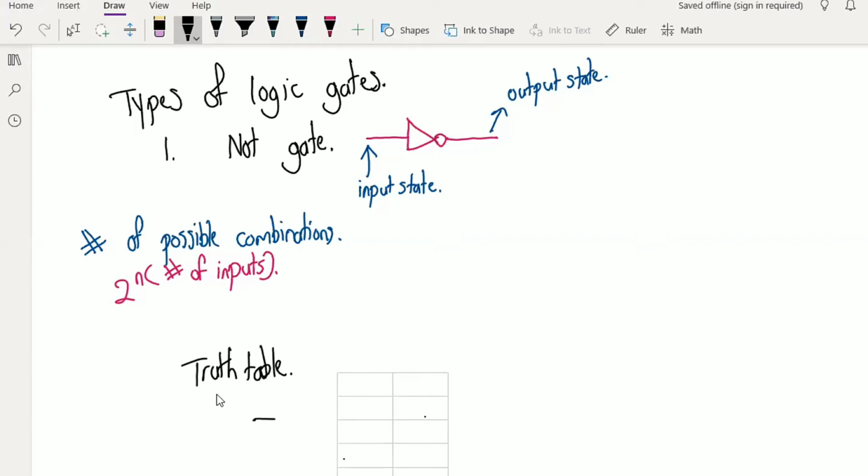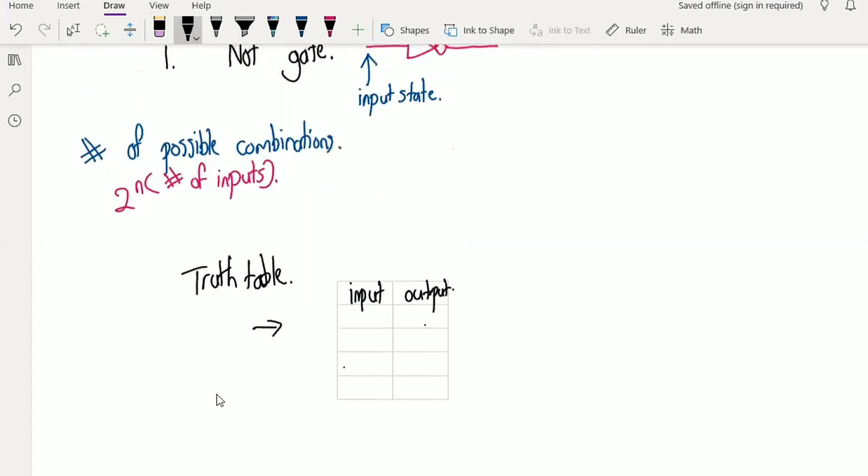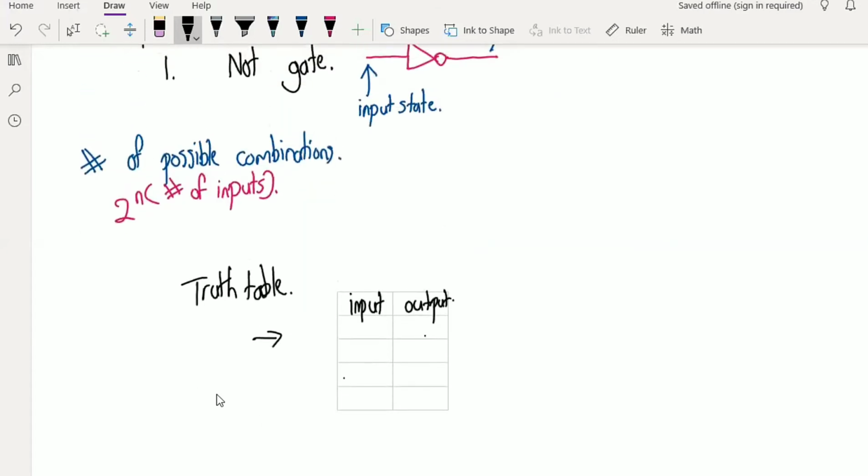So in this table, in one of the columns here, I'll be putting input. And here I'll be putting output. In the case of the NOT gate, we only have two possible combinations. So I'm going to put those states that are possible, just the 0 and the 1.